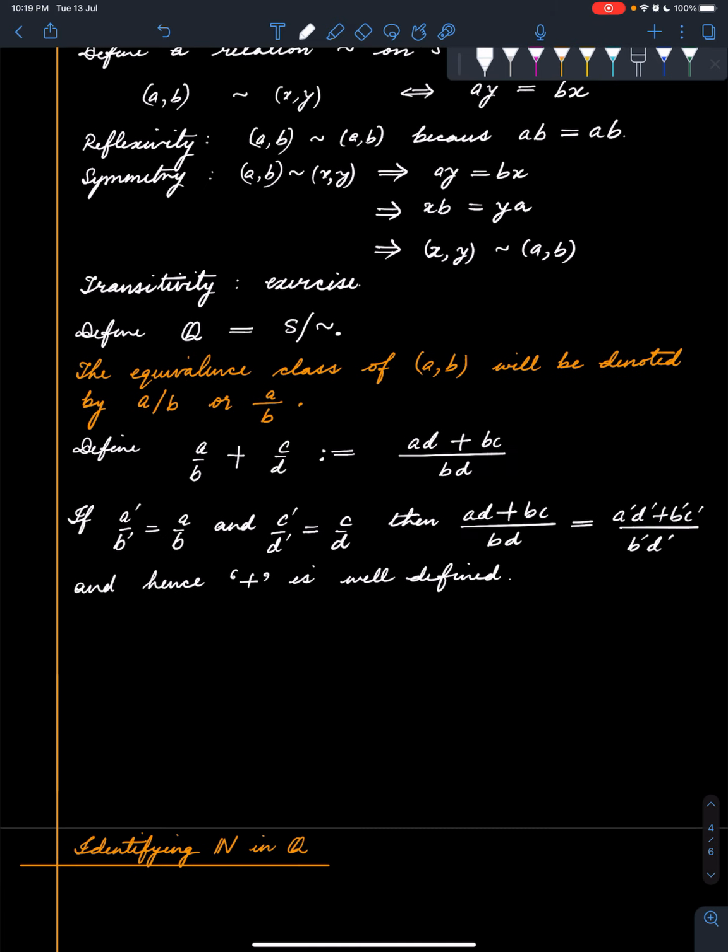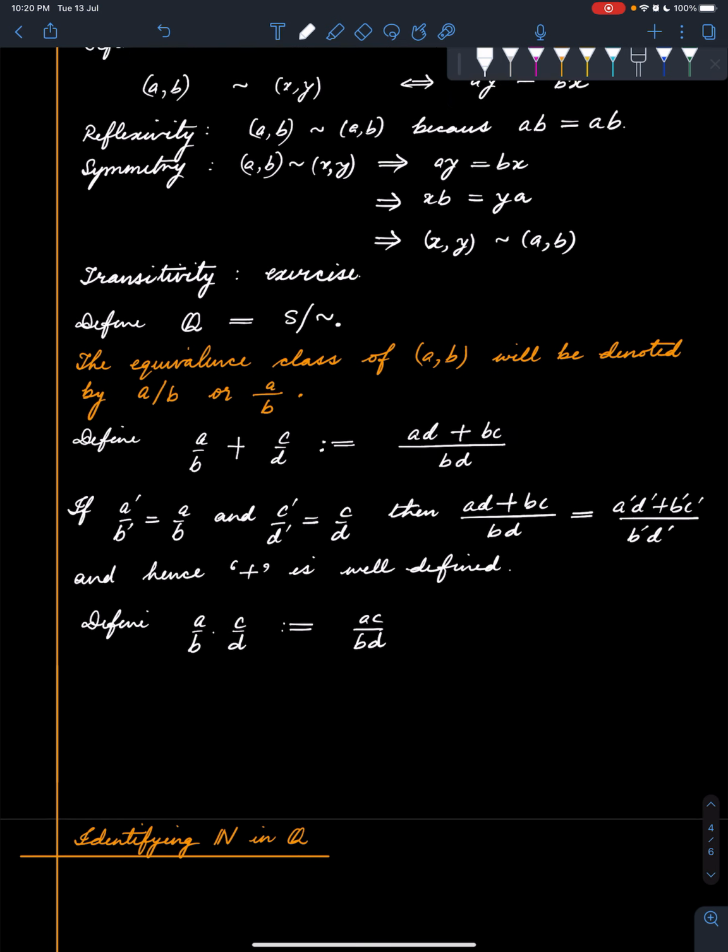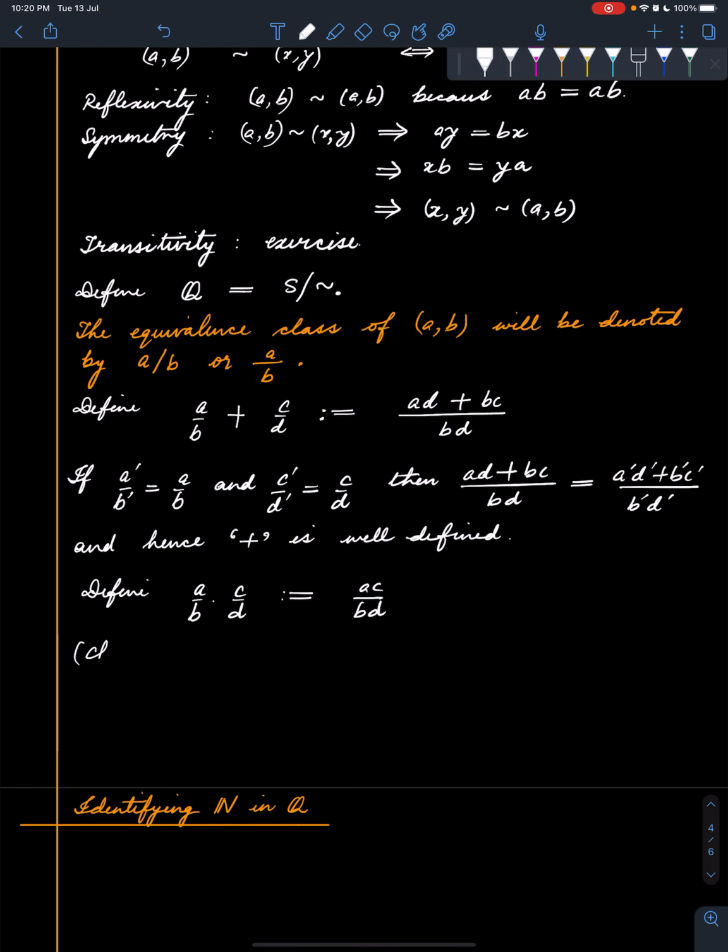And same story for multiplication. Define A by B times C by D as AC by BD, and again check well definedness. Which is exactly what we did here.